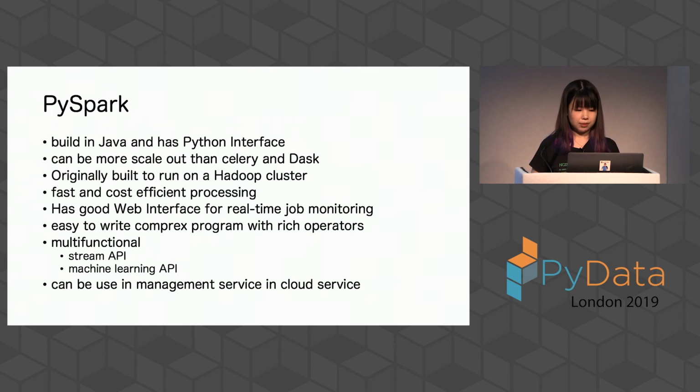Finally, I introduce PySpark. PySpark is built in Java and has a Python interface. PySpark can scale out more than Celery or Dask. PySpark was originally built to run on a Hadoop cluster.